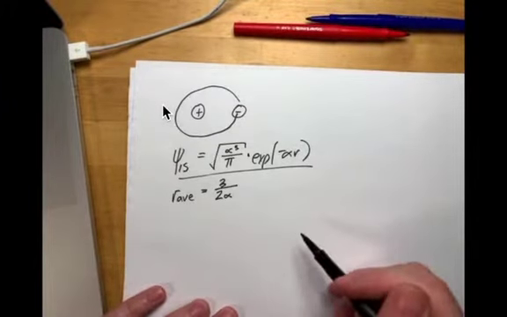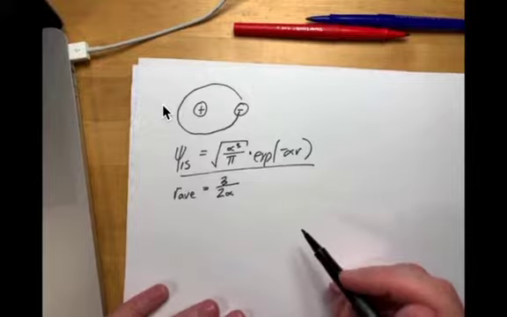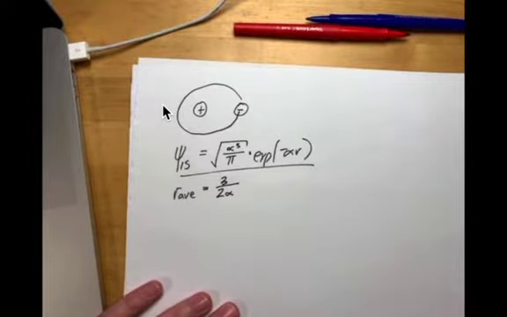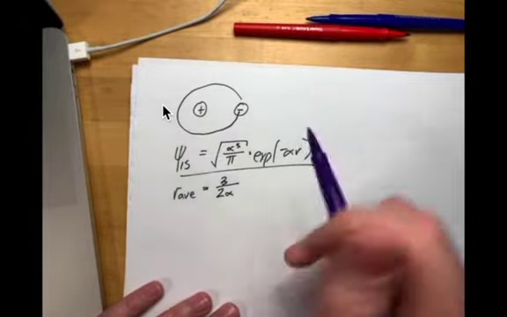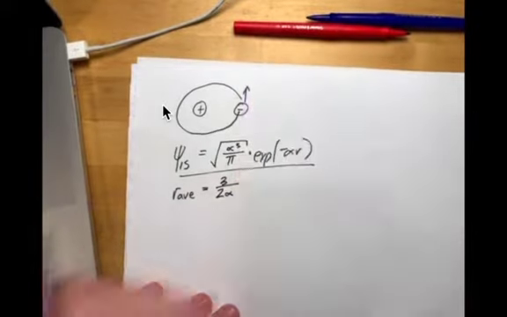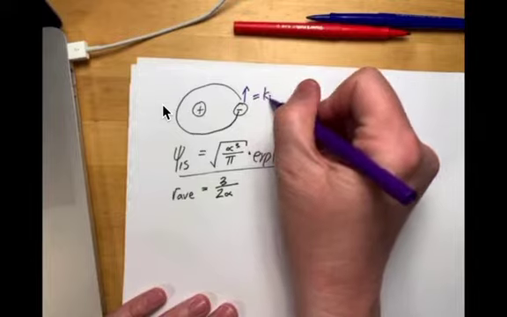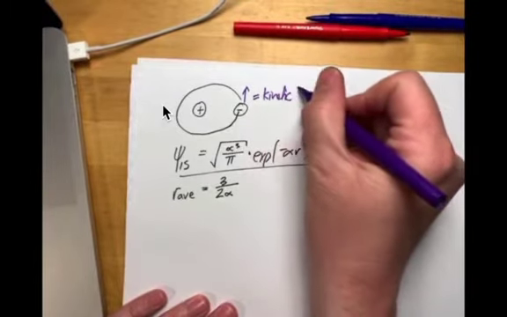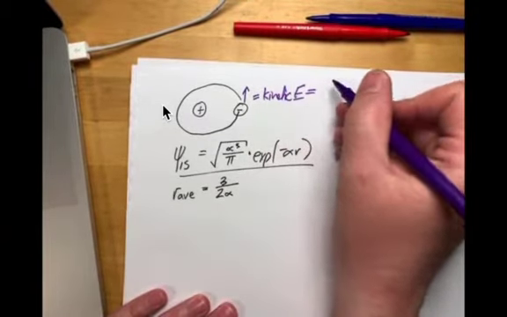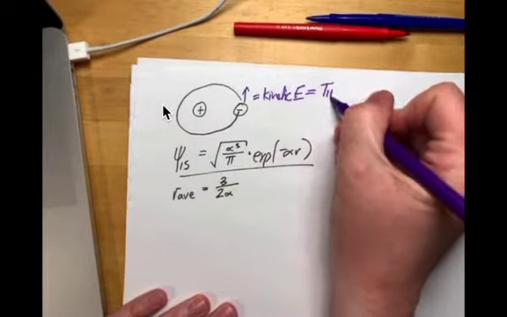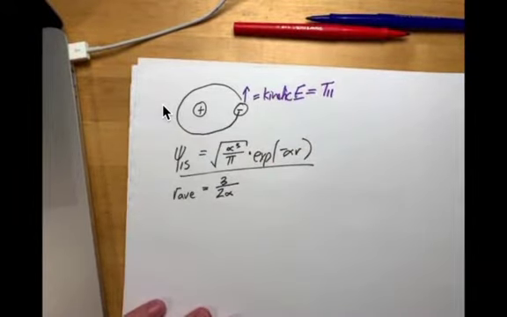All right, so let's talk about the components of the energy that we have here. One component is that the electron has mass and it is moving, so it has kinetic energy. For historical reasons, this gets written as T11.